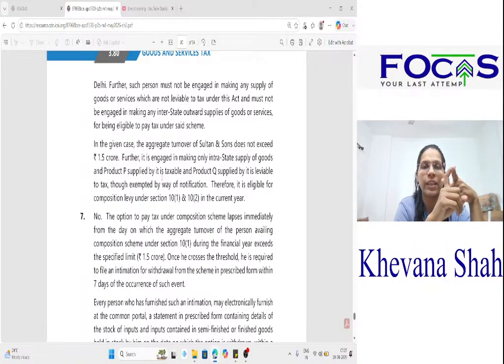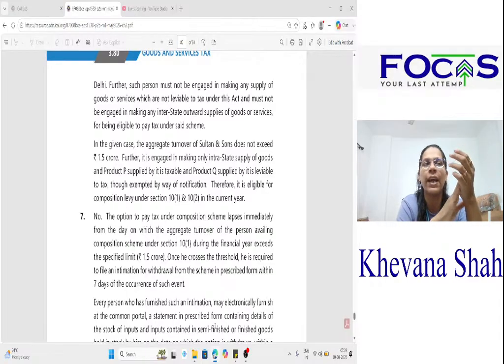In the given case, the aggregate turnover of Sultan and Sons does not exceed 1.5 crores. So for the turnover limit of the preceding financial year we are eligible. Our turnover for the preceding financial year was 1.3 crores only.